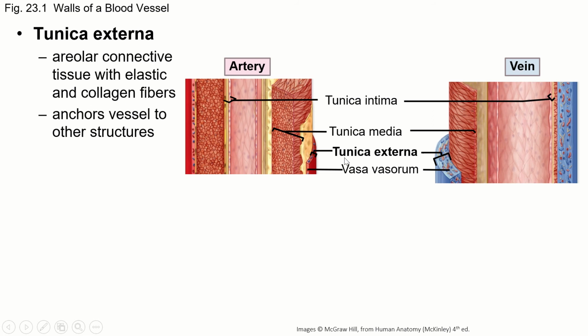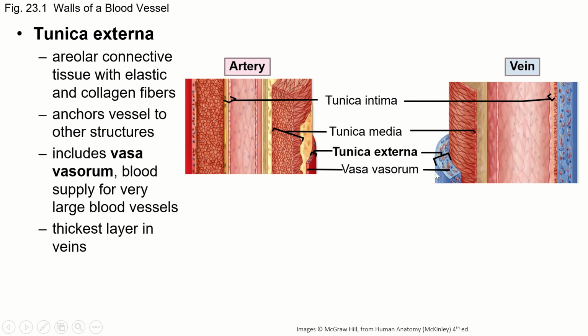Now the outer layer is called the tunica externa. It's areolar connective tissue, elastic and collagen fibers, and its job is to maintain the shape of the artery or vein and to anchor the artery and vein to the other structures so that it stays in place.